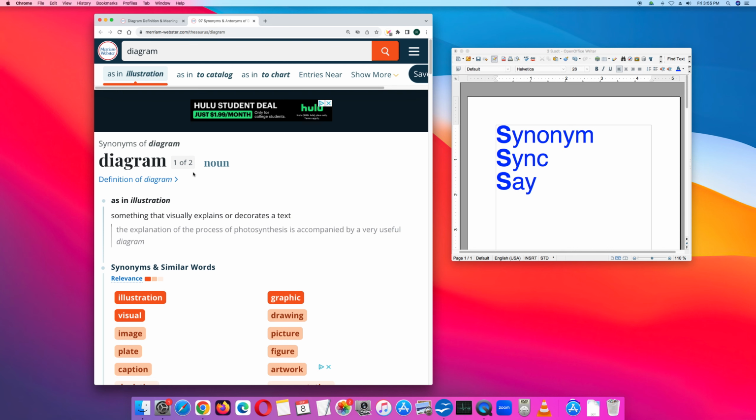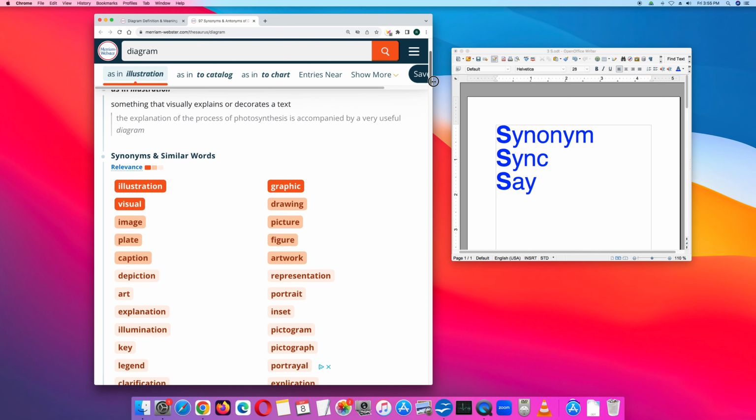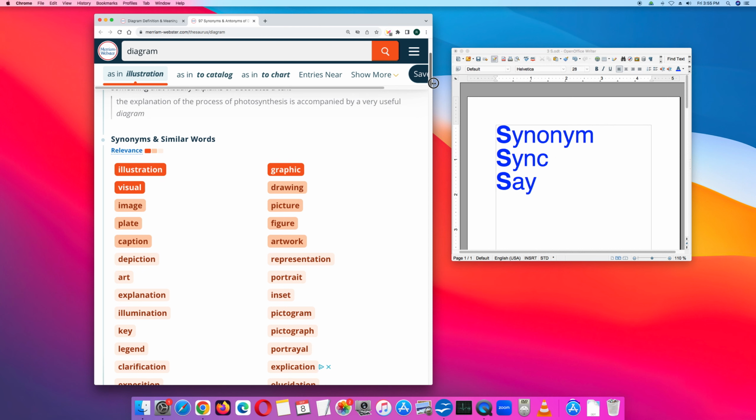It highlights the different synonyms and similar words to diagram. If it's bright orange, that means it's very close in meaning.